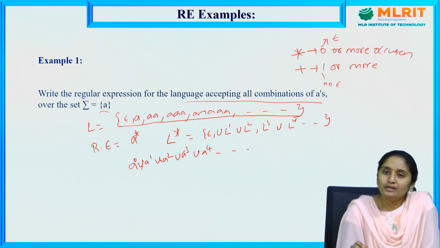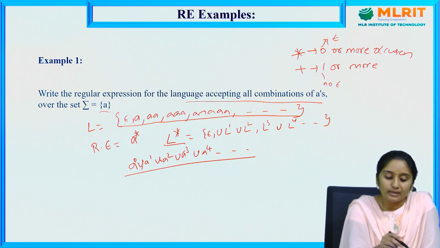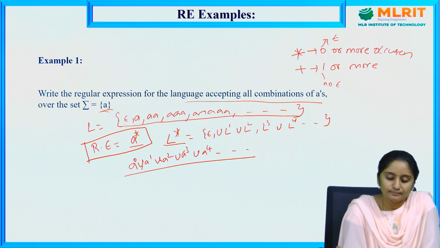It's going on. It's an infinite set, any combination of A's. So if it is in this form, we are going to write it as L star. But here for me the alphabet is A. So the regular expression is A star.